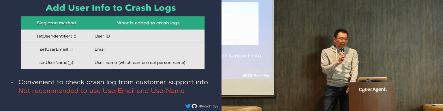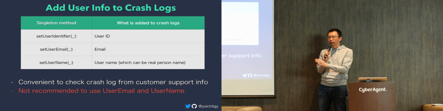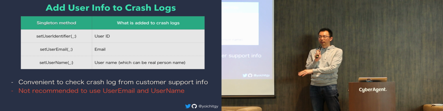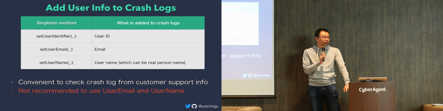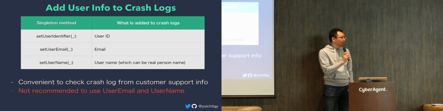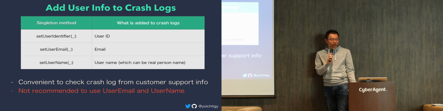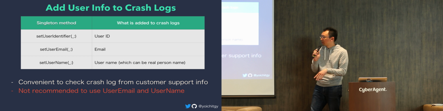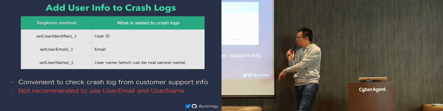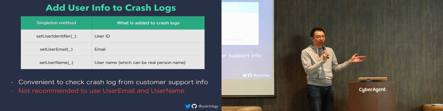It's really convenient if you want to check a crash report that is notified by customer support in the company you work at. Like, this user is claiming some crashes, can you check the problem? In that case, you can search the crash report by username, user ID or email. But be careful with the user email and the username. I'm going to tell you about the problem later.